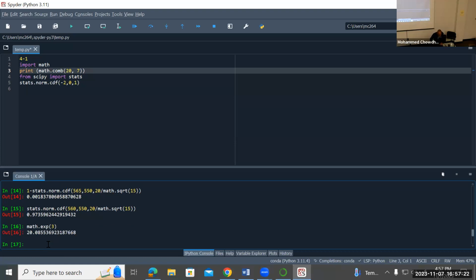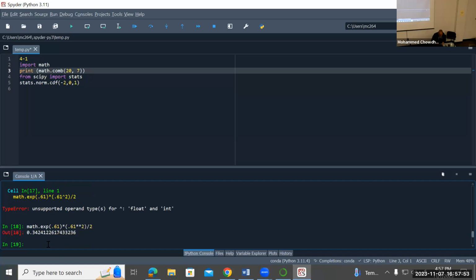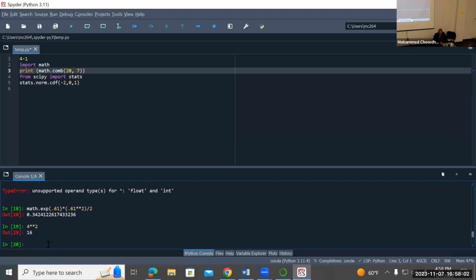So now I want to find exp to the power 0.61 and then times lambda to the power x, 0.61 to the power 2, divided by 2. 0.61 does not work, I have to put it in differently.